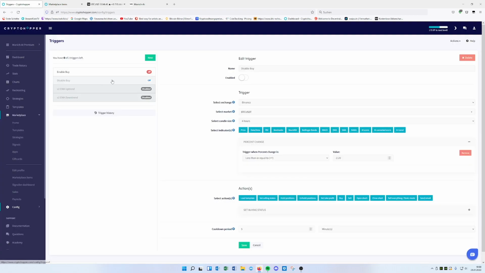Okay, so the crash protection, as we call it, is just a trigger which will stop buying. Therefore, when you go on the hopper, on the left side, not marketplace, on config, you just go to triggers.